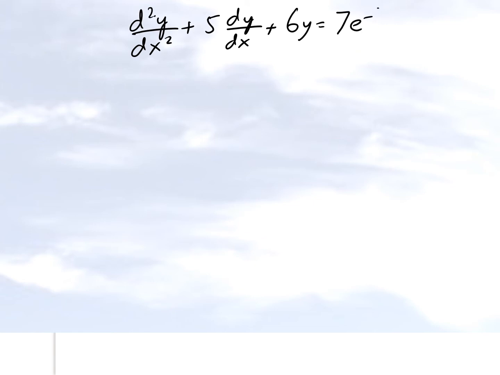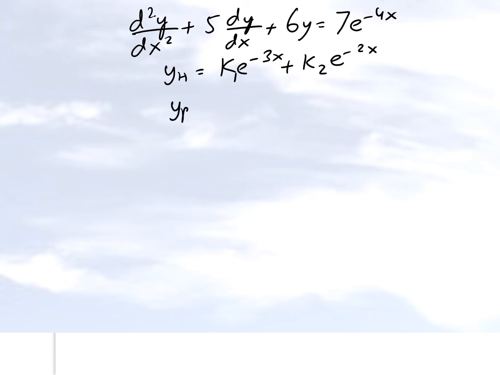Let's recall the differential equation which we had. We had this as our differential equation. The homogeneous part of the solution which we just found out is of the form as follows.